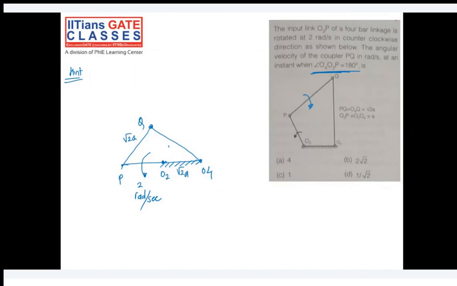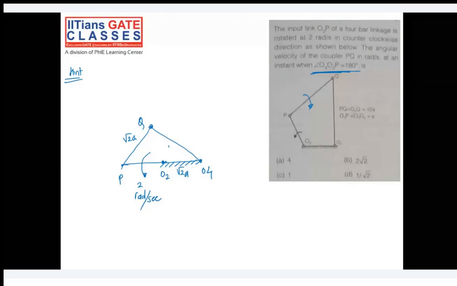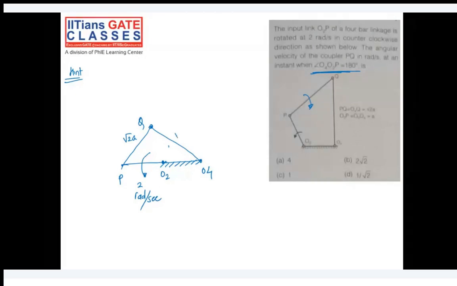and O2P... sorry, PQ and O4Q is root 2a, and O2P and O2O4 is A. So this is also one hint.